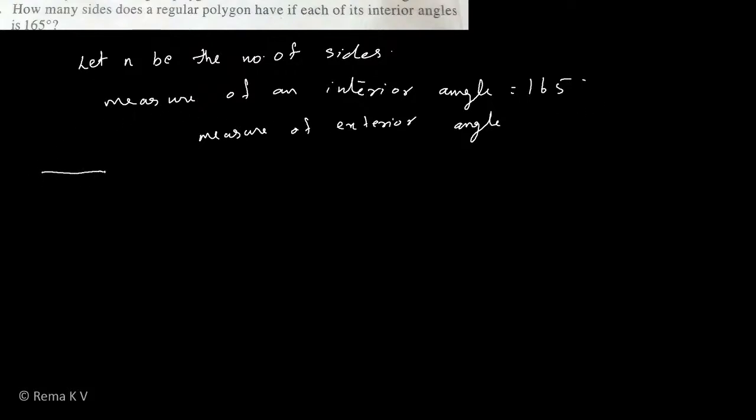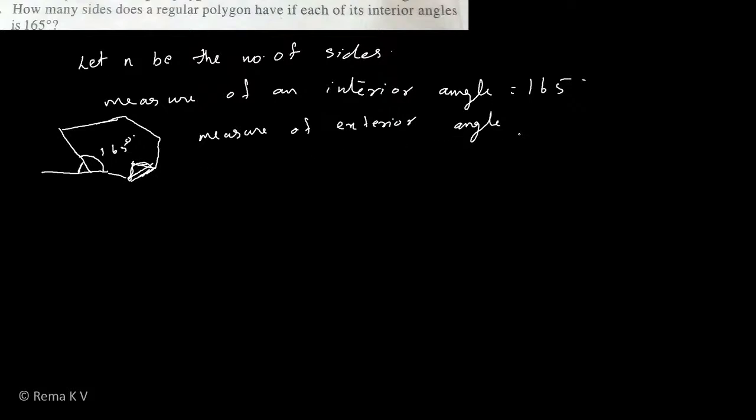See now, if this is the interior angle, if a polygon is like this one, and this angle is 165, what will be its corresponding exterior angle?